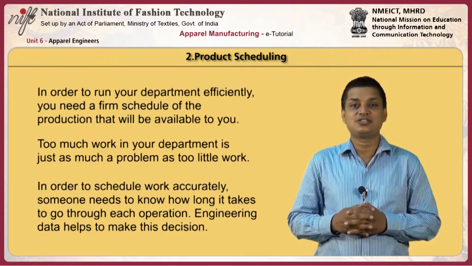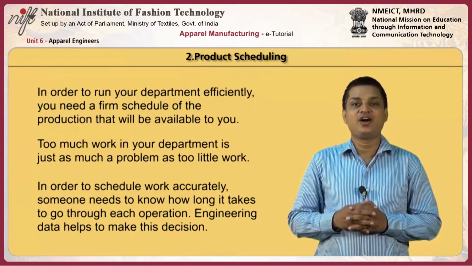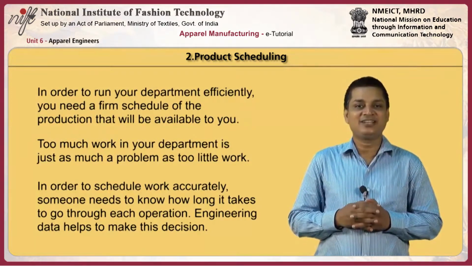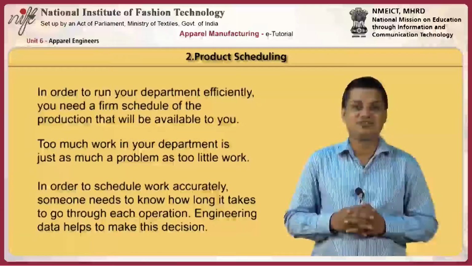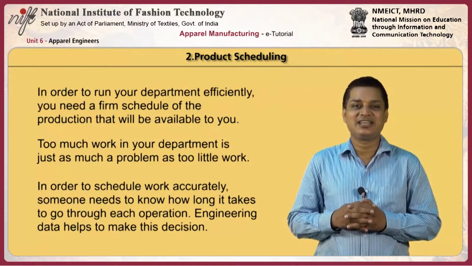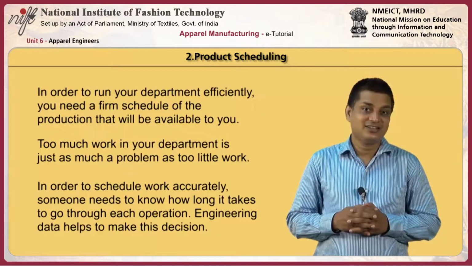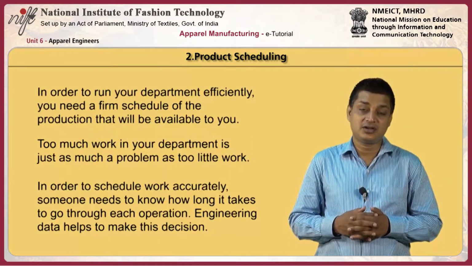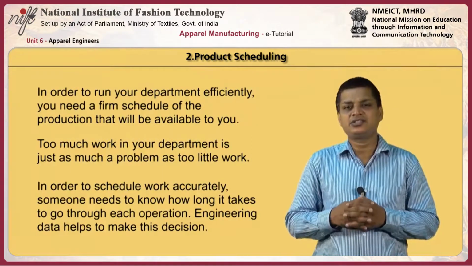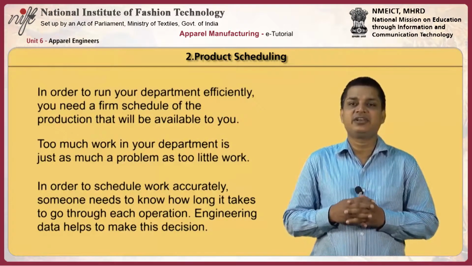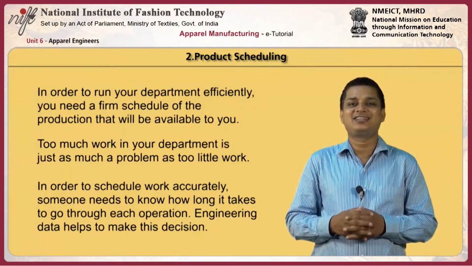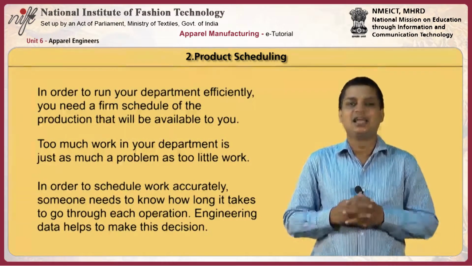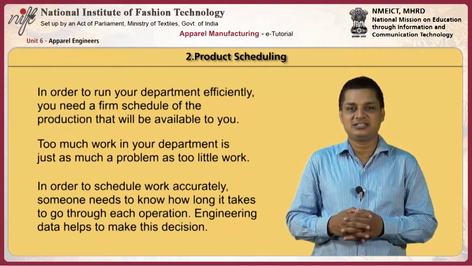Suppose there was no way of knowing how much more work your section could handle. Do you think there would be much of a chance that someone could guess exactly right as to how much work to load in? Of course not. In order to schedule work accurately, someone needs to know how long it takes to go through each operation. Engineering data helps to make this decision.